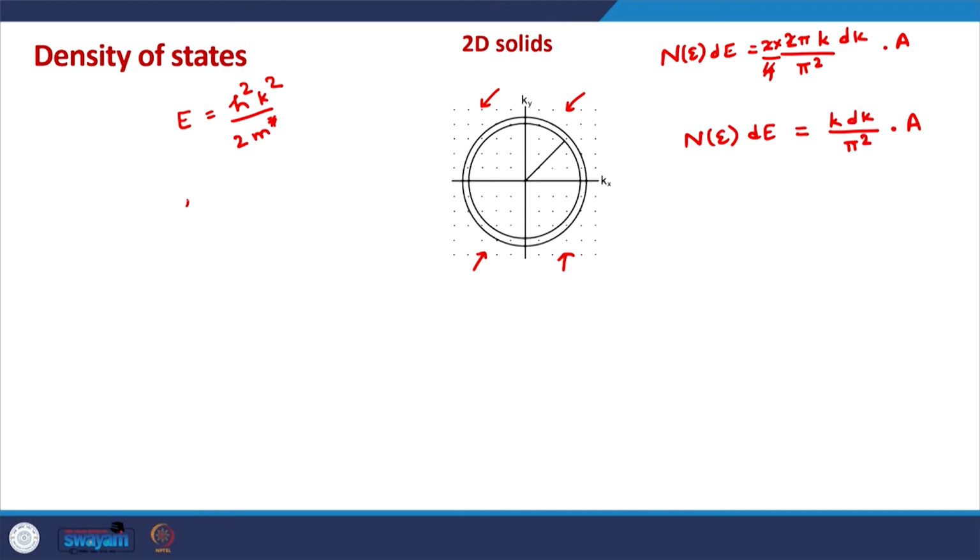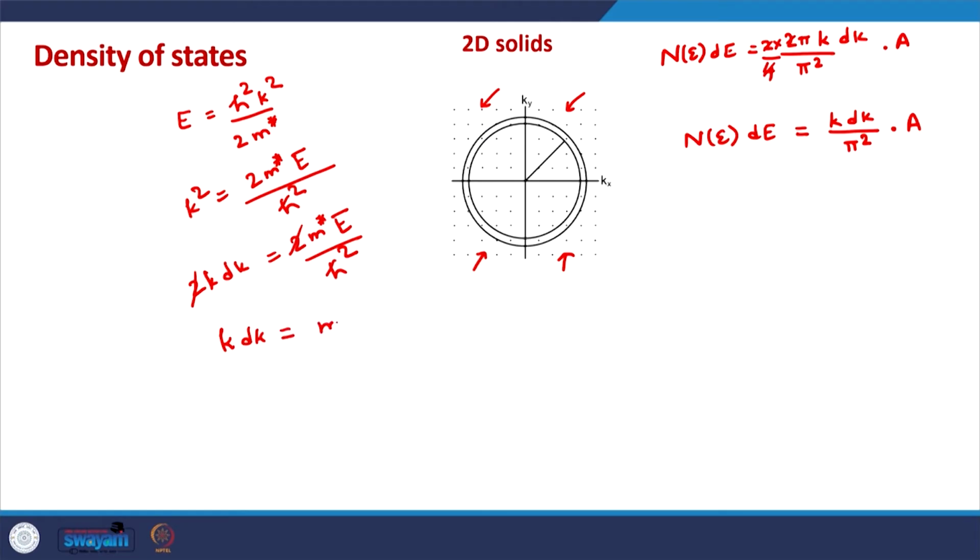Which means k square is, like our earlier calculations, 2 m star E divided by h bar square, and if we take a derivative on both sides, it is 2k dk equals 2 m star dE divided by h bar square. We can remove 2 from each side. So, it becomes k dk is equal to m star dE divided by h bar square.